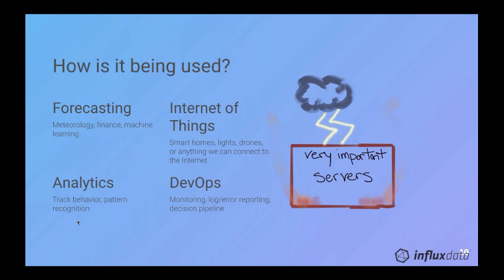And one feature of Influx is that a lot of these specialized functions are pre-built, enabling you to do both forecasting and analytics. They're just built-in functions. Yeah, that's super helpful.